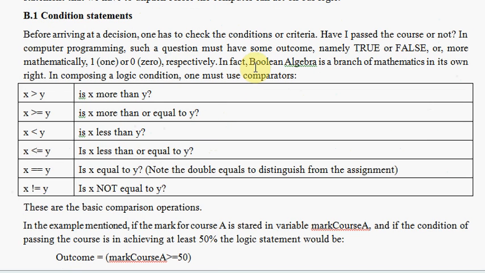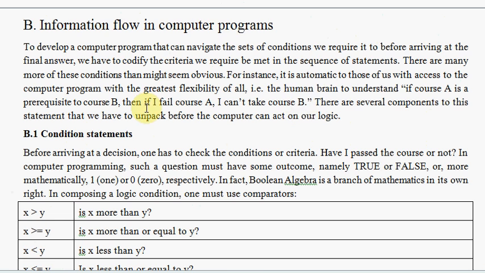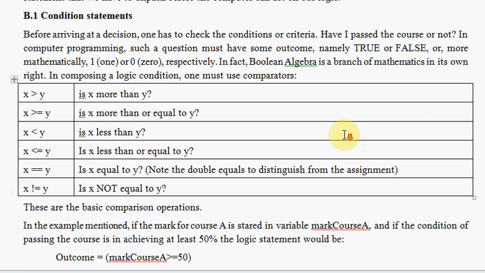A condition statement allows us to check a criterion. So the first question in answering this kind of logic is, has the course been passed or not? In computer programming, the outcome to a criterion like that is a true or a false. Is the condition true? Has it been met, or has it not been met?